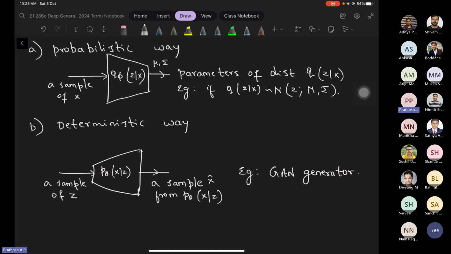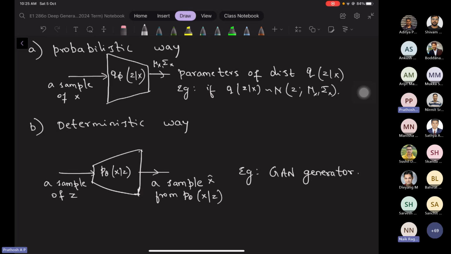These mu and sigma will be a function of x. But if you are saying that the same neural network is being used to estimate q phi of z given x for different values of x, then you are estimating it for a family, and that's what is happening. Once you train, given one particular x, it will give you the parameters of q phi of z given that particular x.